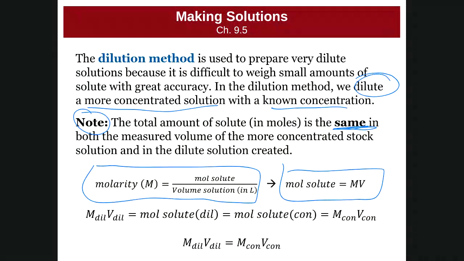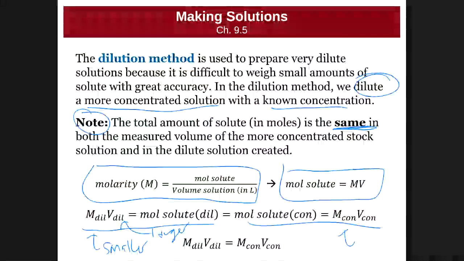And if we know that the moles in both of our solutions are the same, we have the molarity times the volume of the dilute solution is going to be equal to the molarity times the volume of the concentrated solution, just because for our dilute solution, we'll have a smaller concentration and a larger volume, whereas with our concentrated solution, we'll have a larger concentration and a smaller volume because we're only taking a small portion of our concentrated solution when we dilute it.